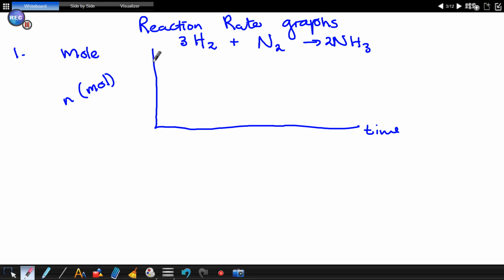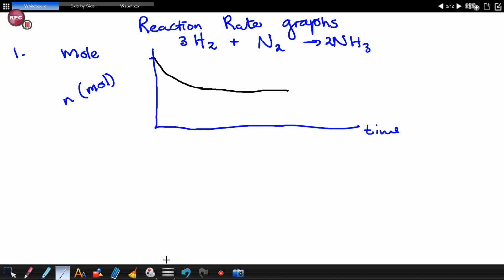We start with high moles of hydrogen and nitrogen. Am I right? So as the hydrogen and the nitrogen is being used up, the reaction will slow down. So the curve flattens out.